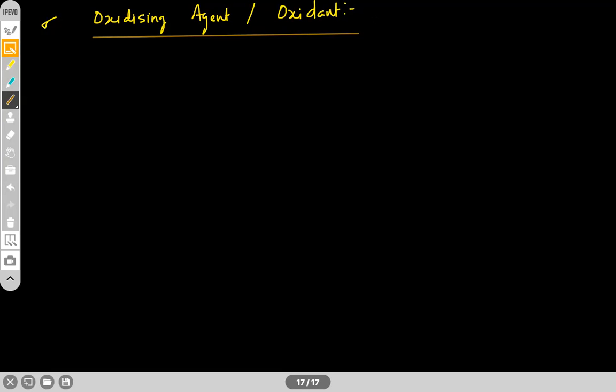Oxidizes others and get itself reduced. Okay, agent, right? So it is oxidizing agent, so it is oxidizing others.